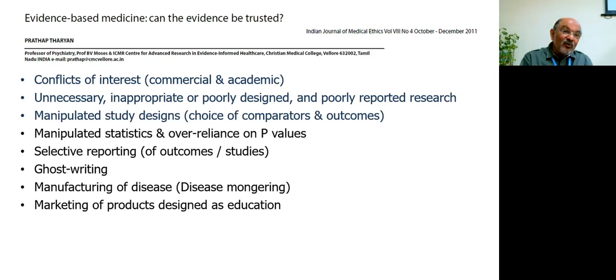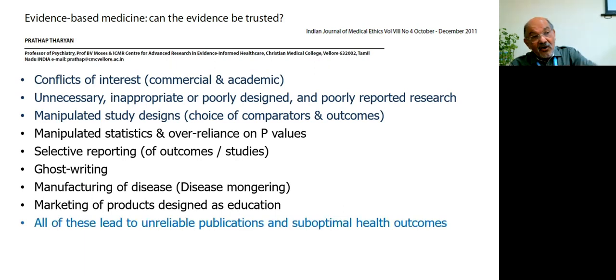This is from internal memos from drug companies, that we have to create brand loyalty. So if I give many of your patients a particular drug, after that period they'll buy that same drug because they've got used to it. So all of this leads to unreliable publications, and when you use it in practice, suboptimal health outcomes.